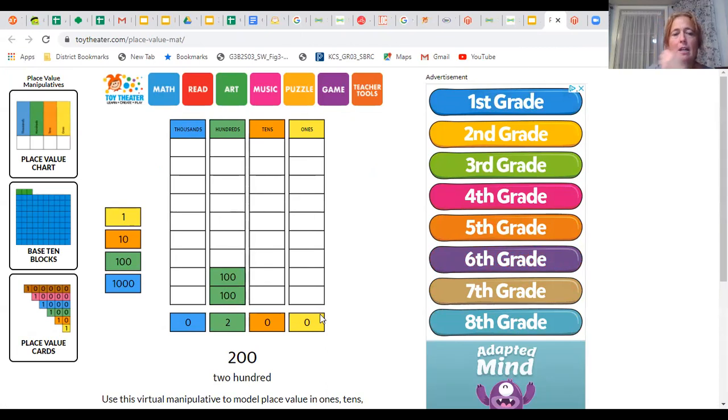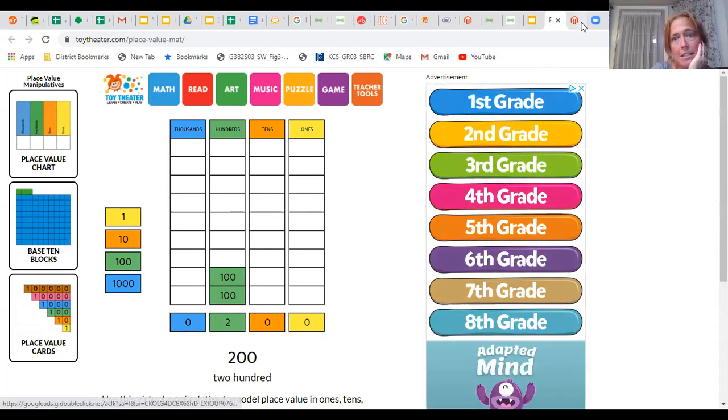Are there any tens in my tens place or any ones in my ones place? No, because it's a multiple of 100. But we do know that each of these hundreds has how many sets of 10 in it? Think about that for a minute. Each of these sets of 100 has 10 tens in it, okay?